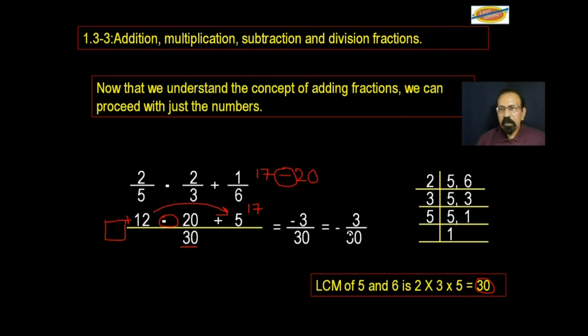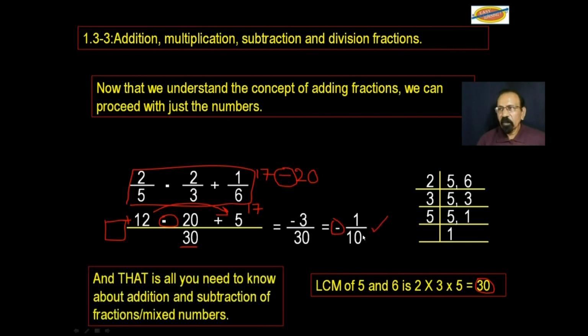We reduce that 3 over 30 and we get 1/10. So the answer to this question here is negative 1/10. And that is all you need to know about addition and subtraction of fractions, mixed numbers.